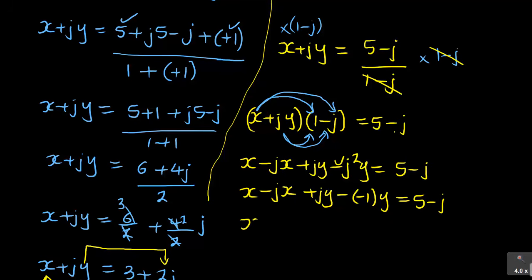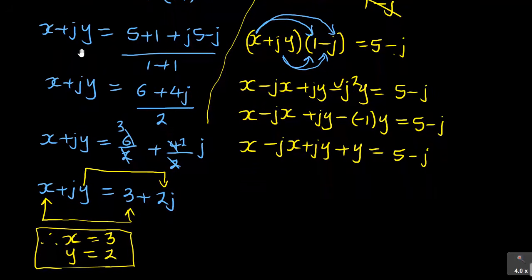So we simplify it, it is x, and then minus jx plus jy, and then plus y is equal to 5 minus j. Now when we have done this, we are also going to compare the imaginary ones with the real ones. Now look at this. I have got x, which is the real one, and then I've got y, and then I've got 5.